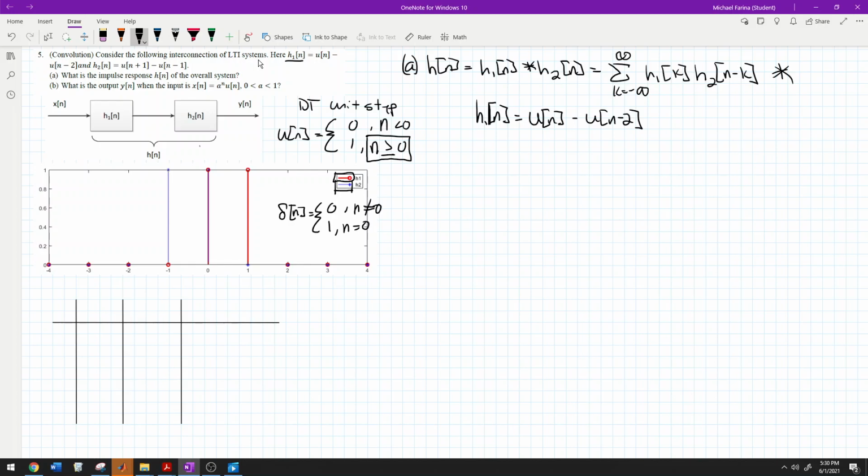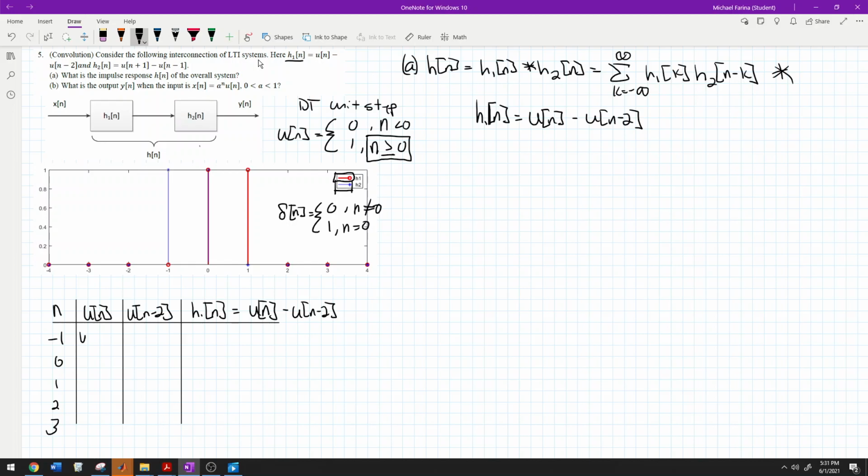Now let's figure out a different way we can represent this. And here's a little table down here at the bottom left. So let's do n, and we'll do -1, 0, 1, 2, and 3. And we'll do u of n, u of n minus 2, and then h1 of n equal to u of n minus u of n minus 2.